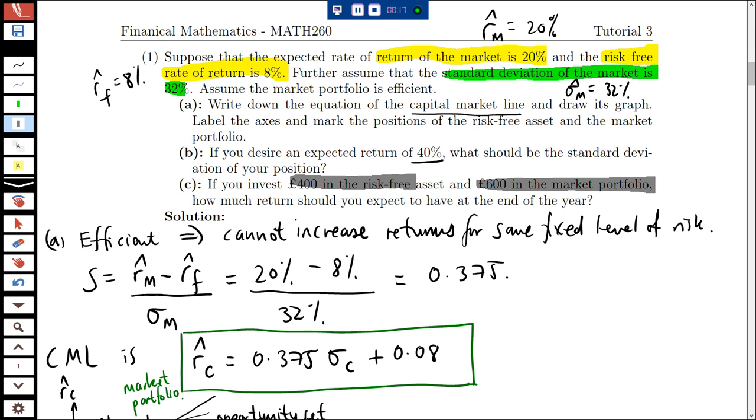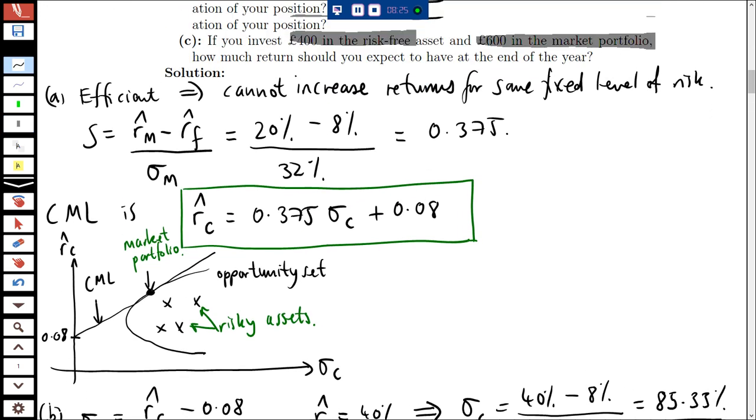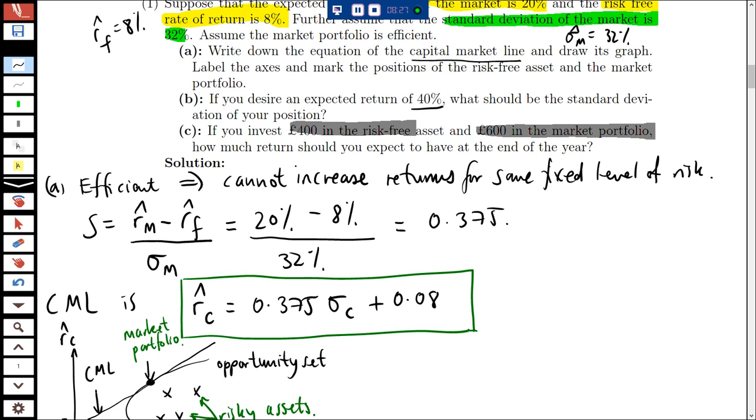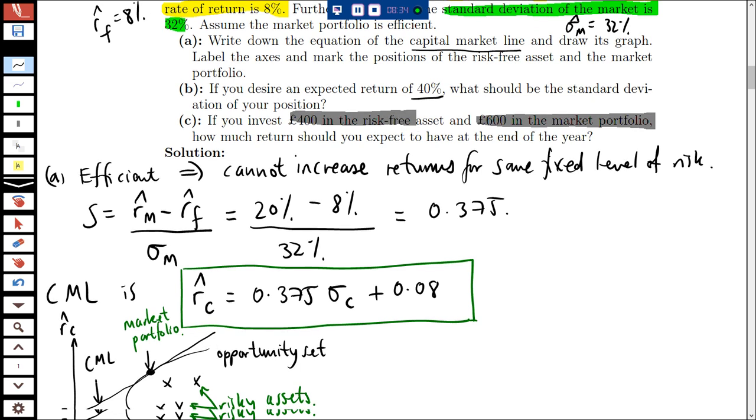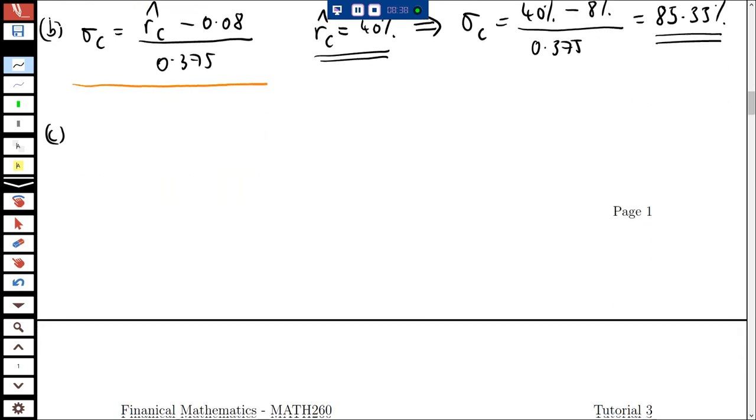How much should you expect to have at the end of the year? Okay, let's try it. So we're investing £1,000. We have 400 in the risk-free asset, 600 in the risky assets.